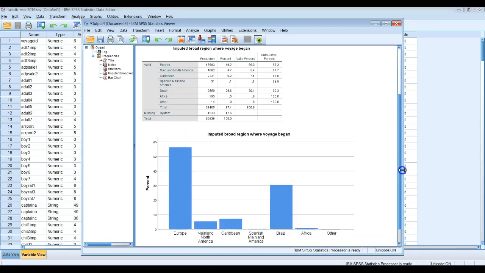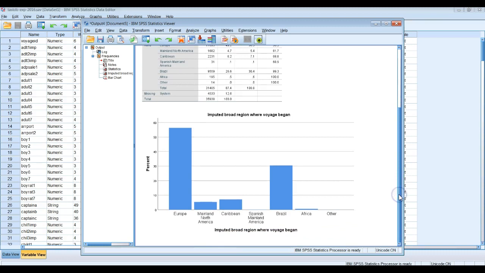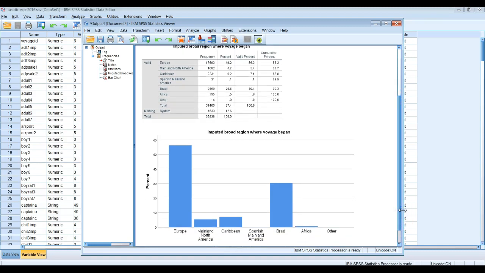And so it gives us the frequency table and it gives us the bar chart. What we want to know here is in which one of these categories was the Ogden? Was it in one of the typical categories or was it in an unusual category? So if it's in a category that was 14 of them out of 36,000, one that's so small it rounds to 0, that's going to be atypical.